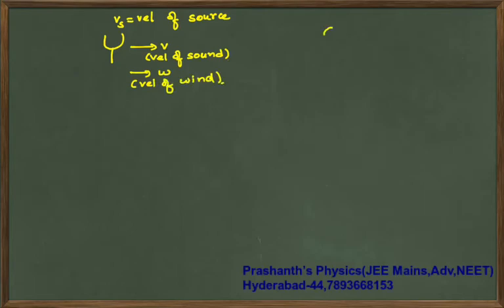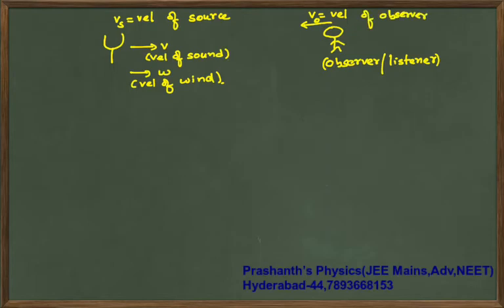And there will be some observer or listener, the person who is actually receiving the frequency. Your observer or listener will have VO, the velocity of observer or listener.